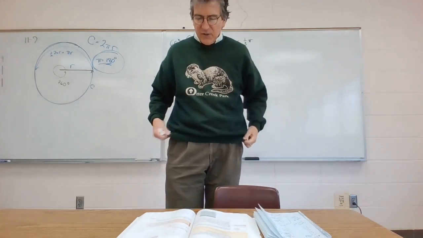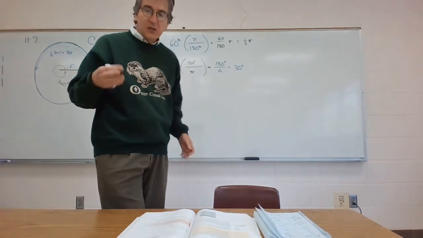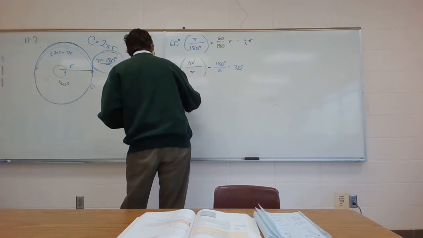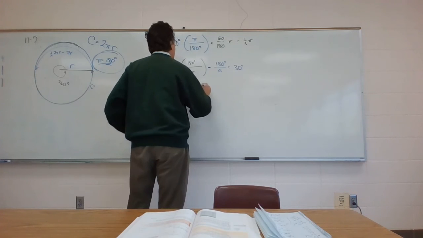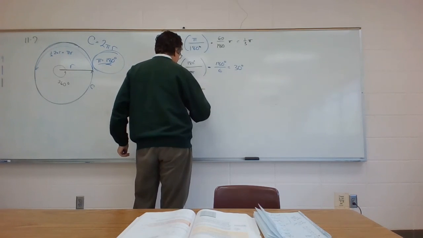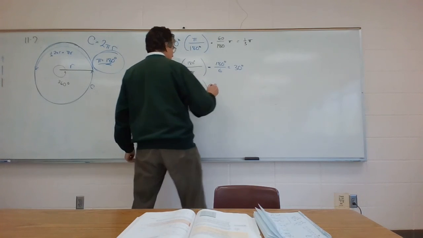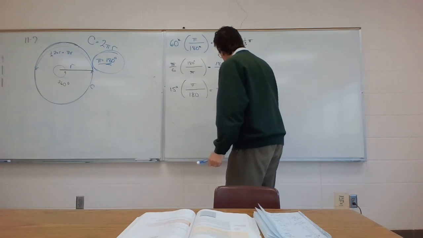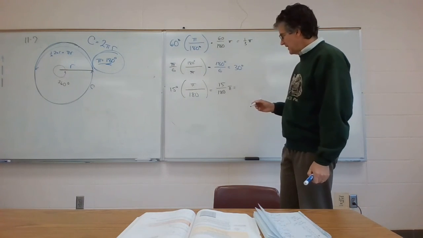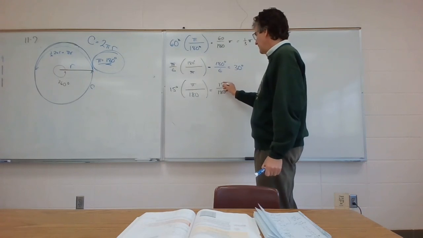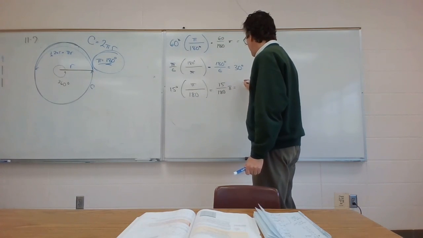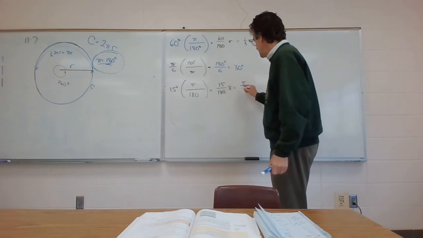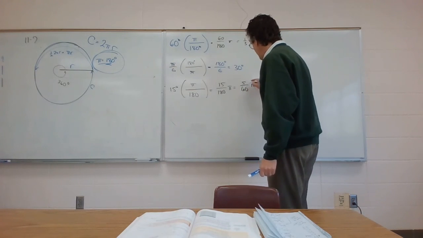Then the next question was to convert 15 degrees to radians. This is a related problem. So 15 degrees times pi over 180 is going to be 15 over 180 pi, and I'm trying to do this in my head, so let's say I can divide 3 into both of these. 15 divided by 3 is 5, and 180 divided by 3 is 60.